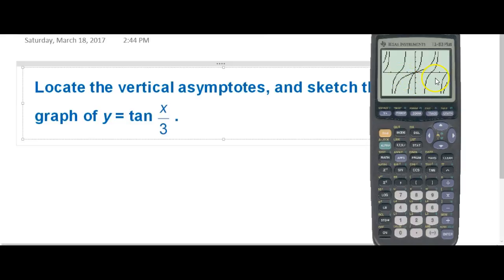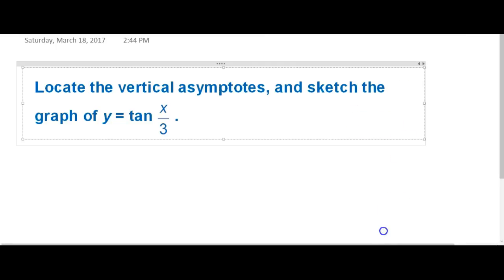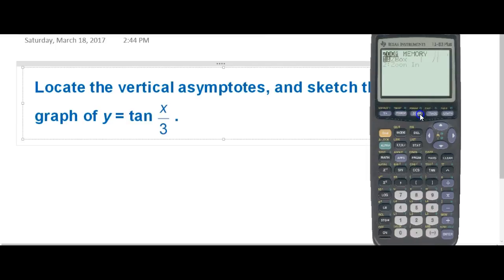We have a longer period for each of those. I'll zoom out just so you can see. Well, that's maybe a little too far, but I hope you get the idea that these are longer periods before you reach the asymptote. So how do we figure out where those asymptotes are?